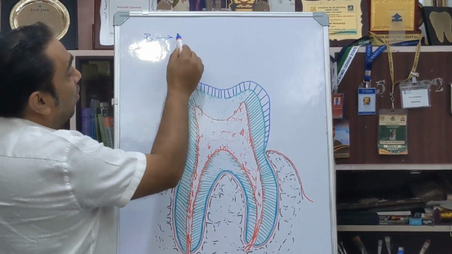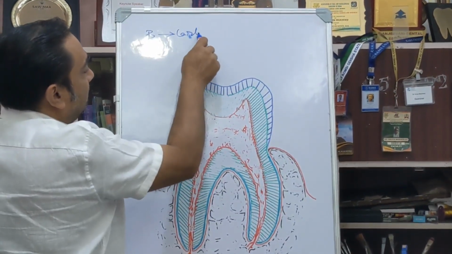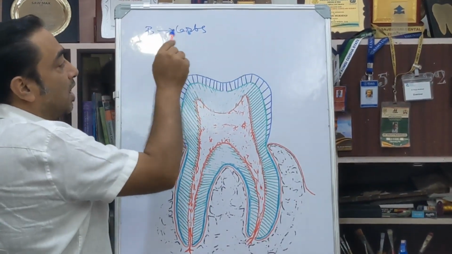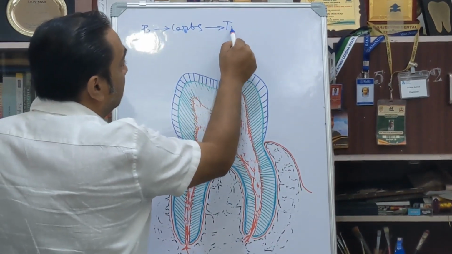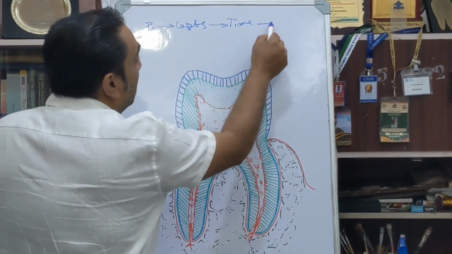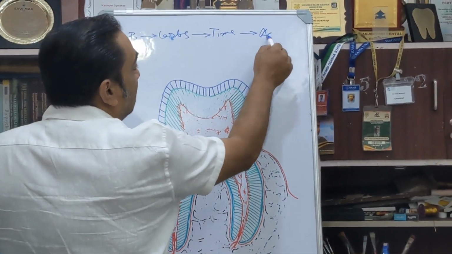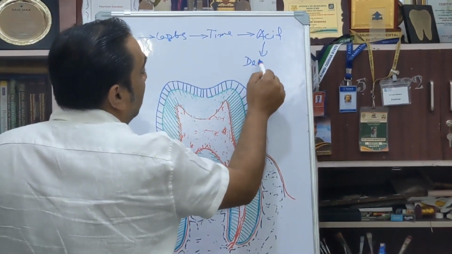can act on carbohydrates, carbs, and when it works on carbs for a significant period of time, it produces acid, which causes decalcification.